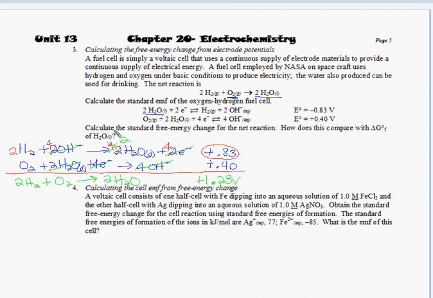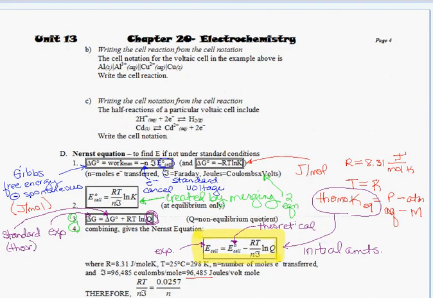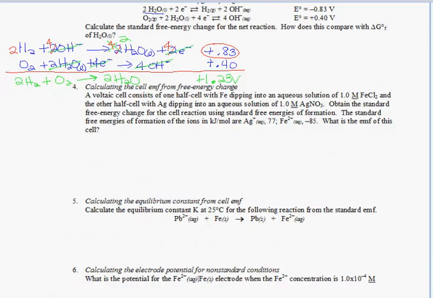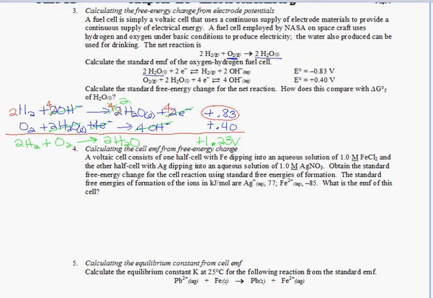Part 2, calculate the standard free energy change for the net reaction. So the standard free energy change, if you remember, our choices are these reactions up here. Since again we've got a voltage, let's use this in order to calculate it. Whoops, let me slide up just a little bit more. So we're going to take delta G. We need a negative nFE, which really means we're going to do a negative.